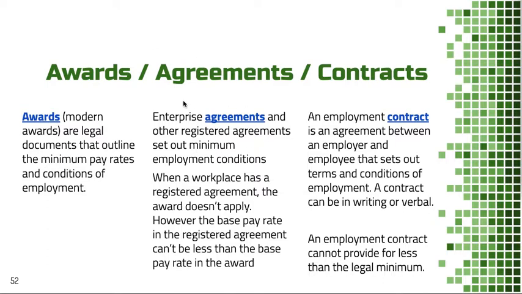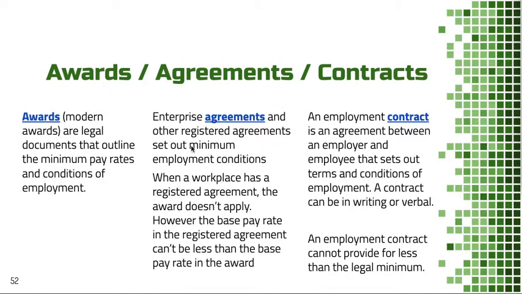Next over, we have agreements. Agreements also set out minimum conditions, but they can be higher than the award. So if you work in the construction industry, you might get paid what the award says you are owed.